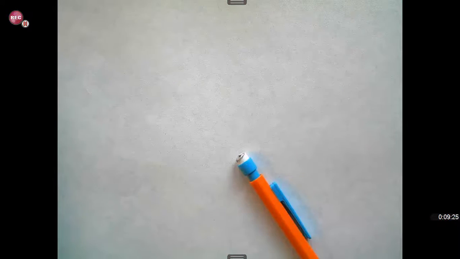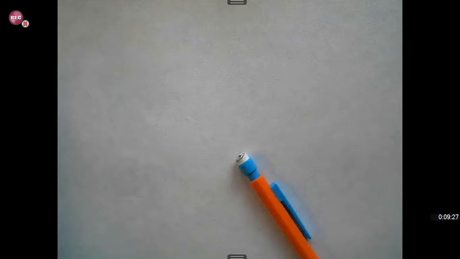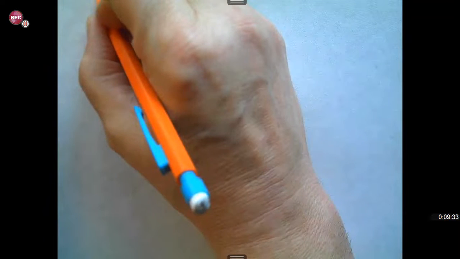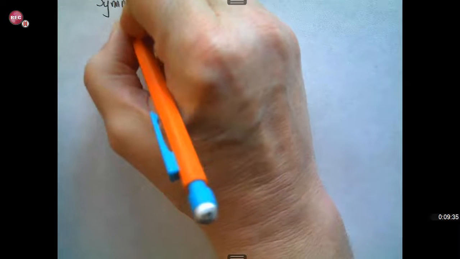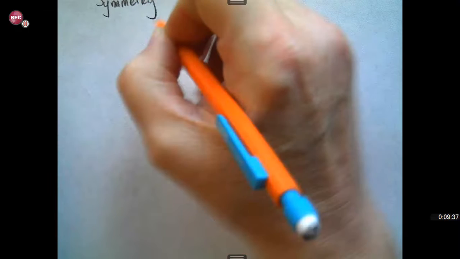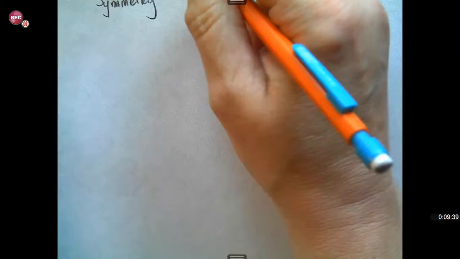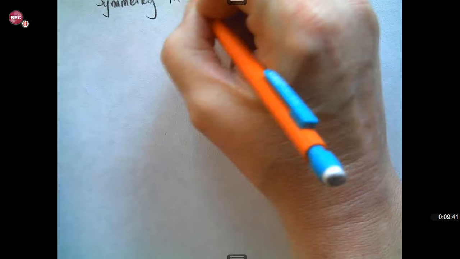The next two are a little bit more interesting than just reflecting it over the x-axis or reflecting it over the y-axis. First we'll look at symmetry in the line y equals x.